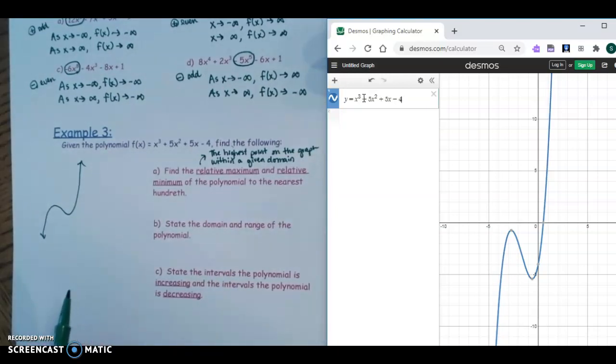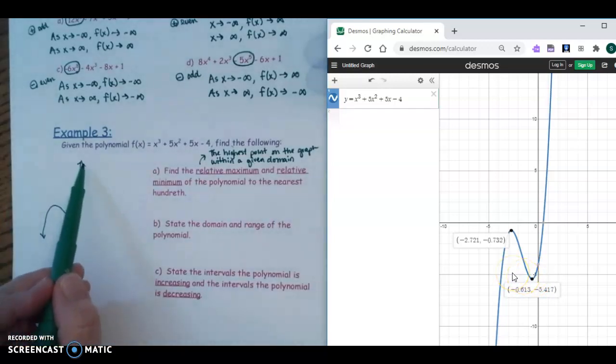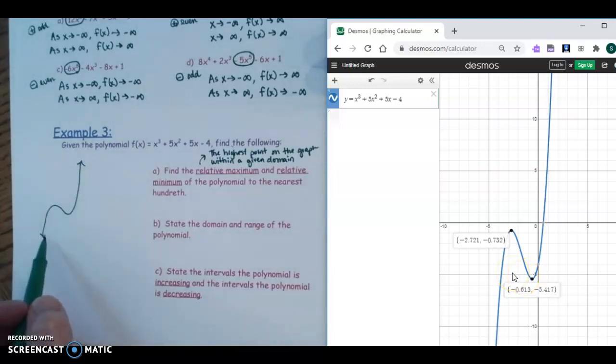So in this case, it's asking for the relative max, relative min to the nearest 100. So within this given domain, if you look over here on Desmos, this is going to be my relative max. This is going to be my relative min. This graph does not have an absolute max or an absolute min because it's going to positive infinity and negative infinity. So neither would be an absolute max or absolute min.